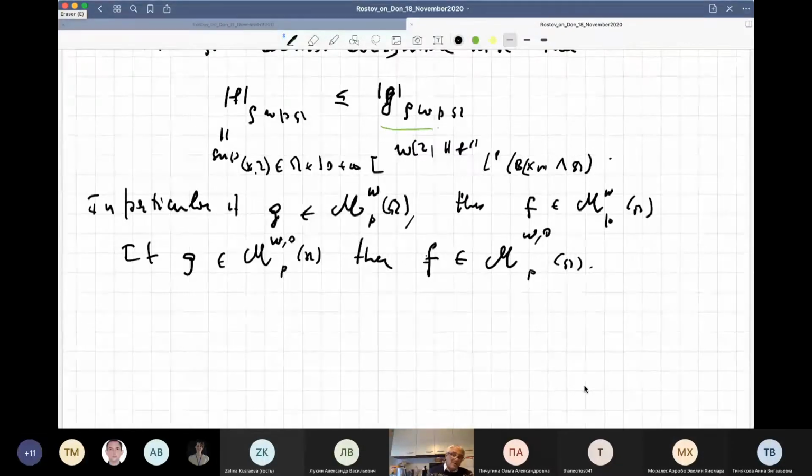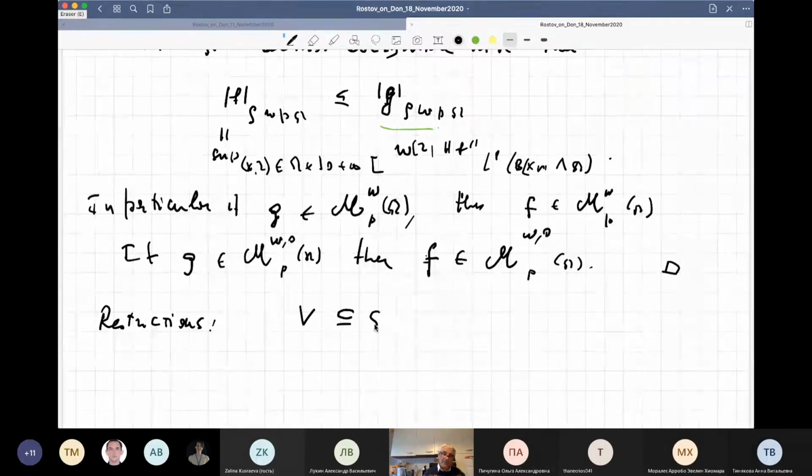Now, about restrictions. So this was just a first remark that we will need later. About restrictions. Now you assume that V is contained in omega, V open.